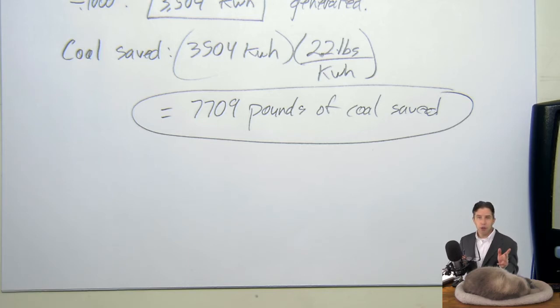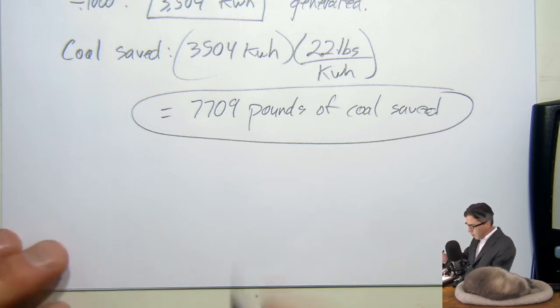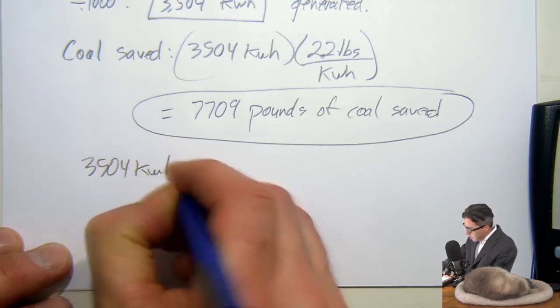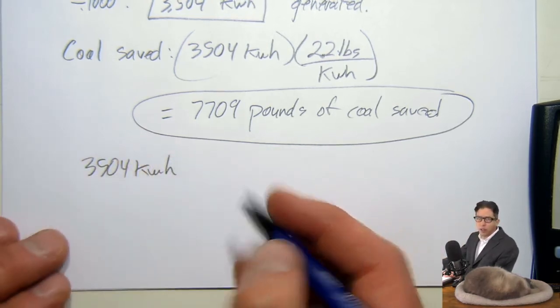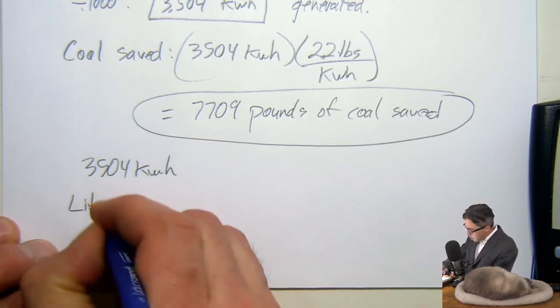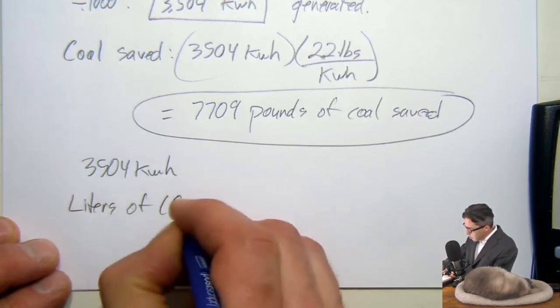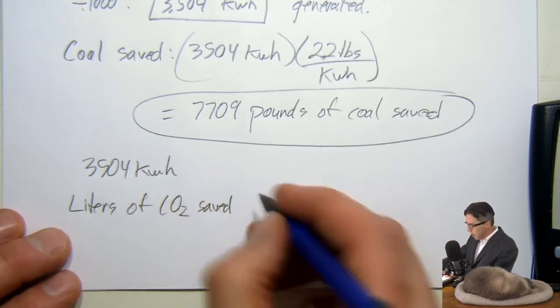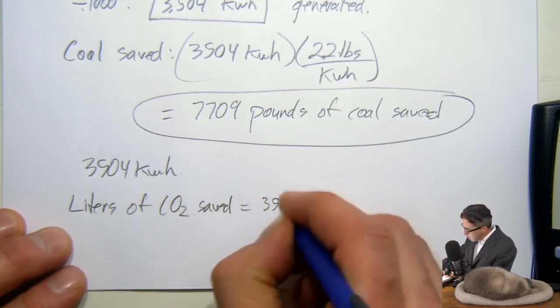How much CO2 do I prevent from emitting into the atmosphere? I would go back to my 3,504 kilowatt hours, and let's say I ask this in liters of CO2 saved, prevented from going into the atmosphere.